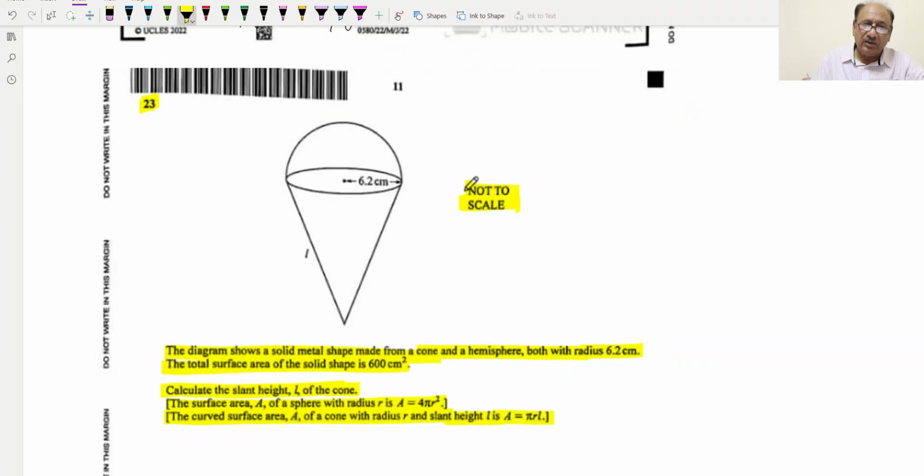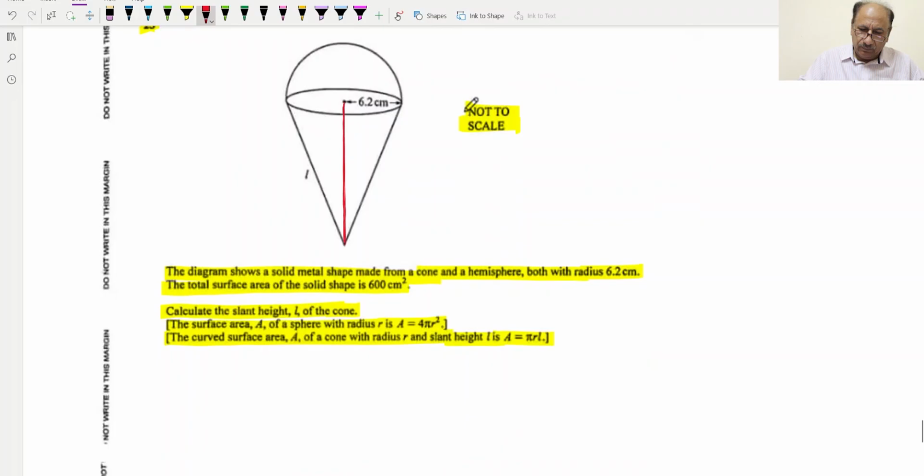So first of all, to understand the slant height, we will join this with this point, so that we can get the concept of the question. And now we can understand area of this.